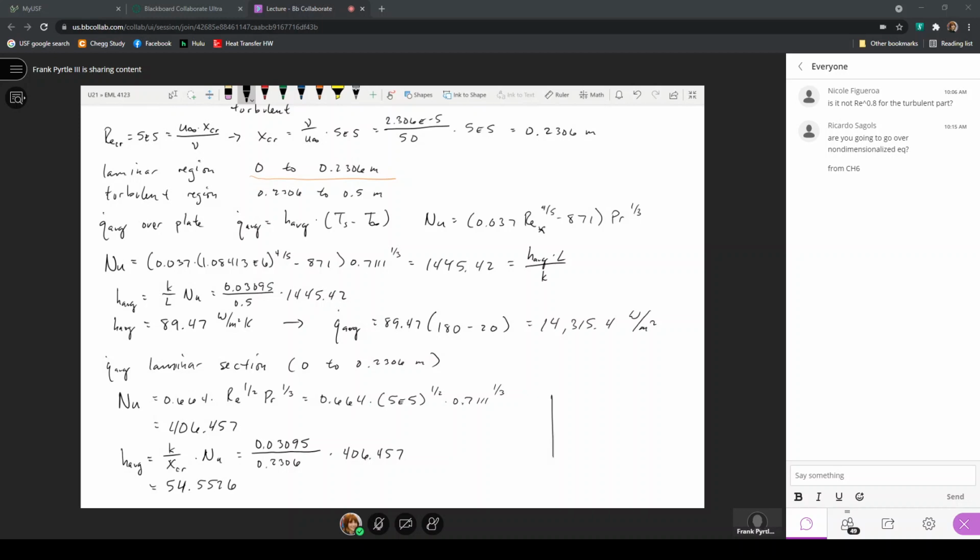So if I wanted to draw this as H as a function of X, if I indicate L and X sub CR here, the average heat transfer coefficient in the laminar region is 54.55. The average heat transfer coefficient over the entire plate is 89.47.